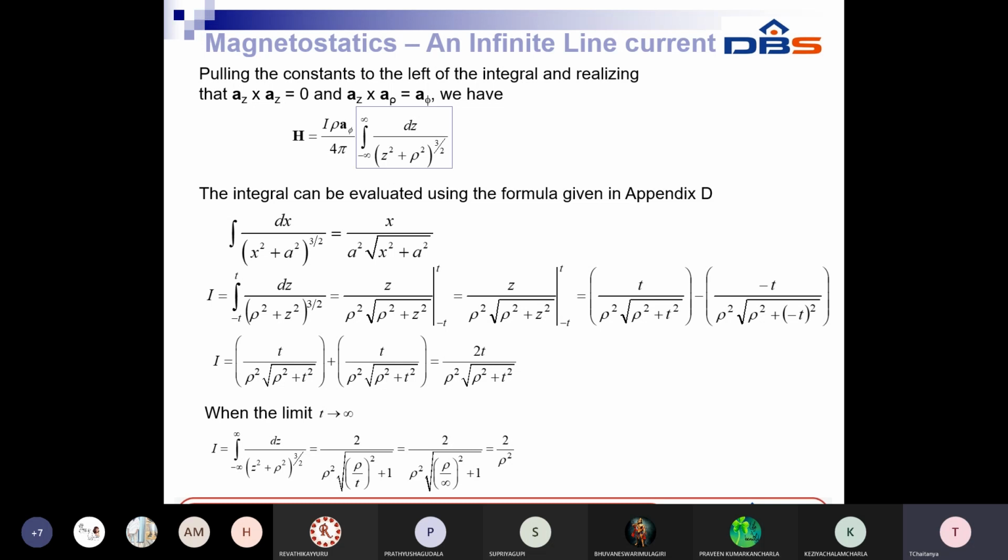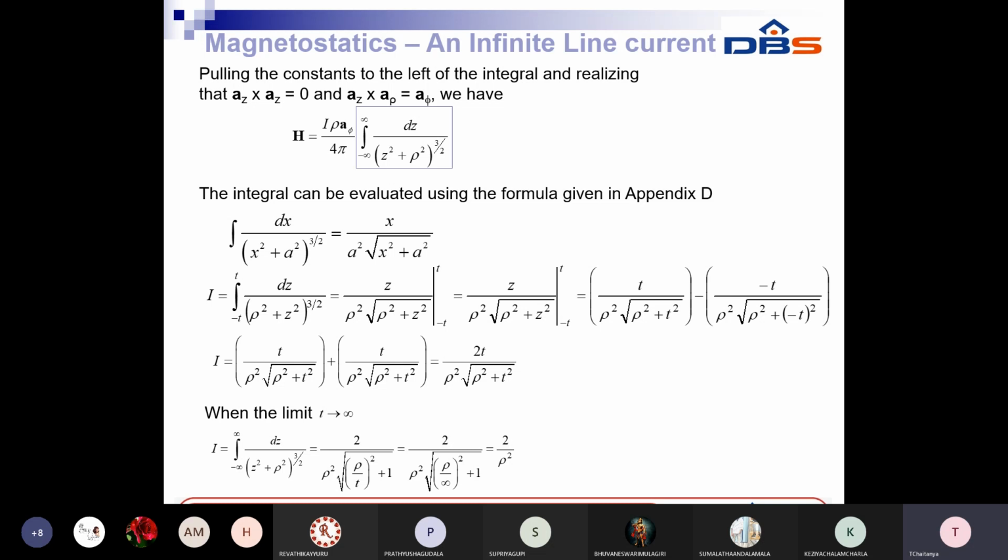After applying all this, the integral is from minus infinity to infinity of dz divided by z square plus rho square whole to the power 1 by 2. We have to evaluate this integral.